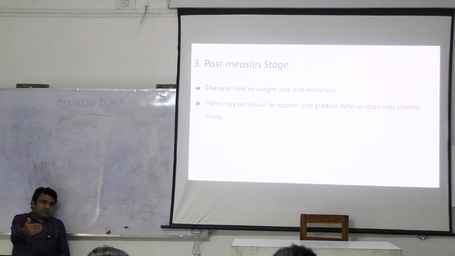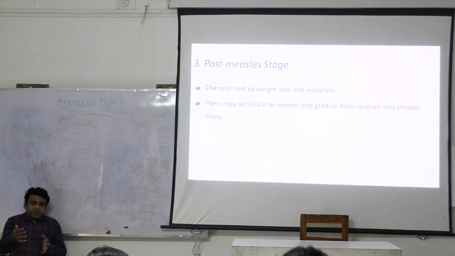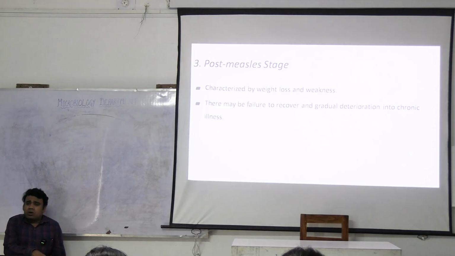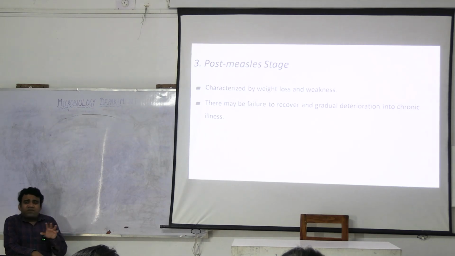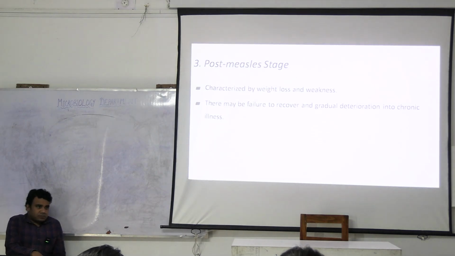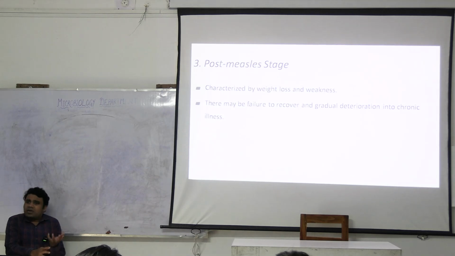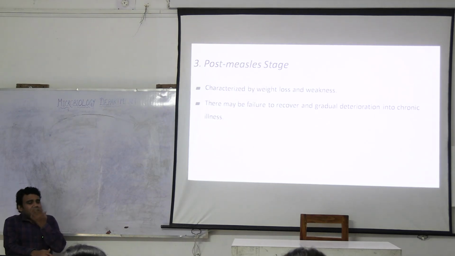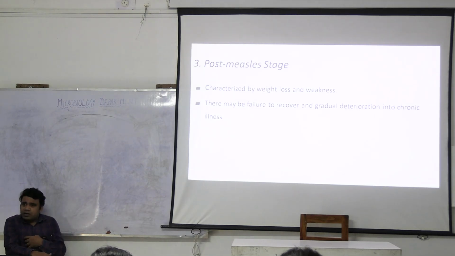After this phase, that is after the viral episode, something happens. This is called the stage of weight loss and weakness. Why? Because all the eruptions that happen affect the epithelial cells. Now most of the epithelial cells we can appreciate: the skin, the mucosa over the pharynx, the respiratory tract.